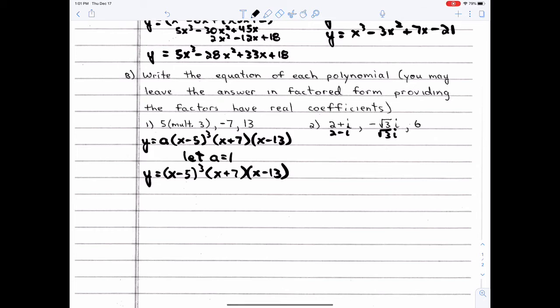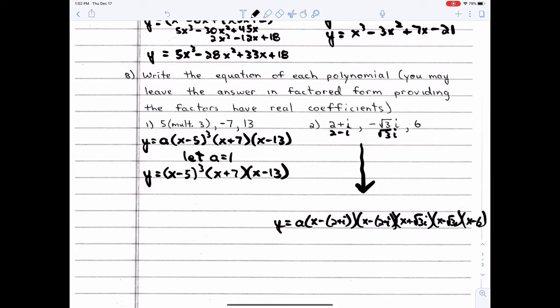So y equals a times x minus 2 plus i, x minus 2 minus i, x plus square root of 3i, x minus square root of 3i, and x minus 6.